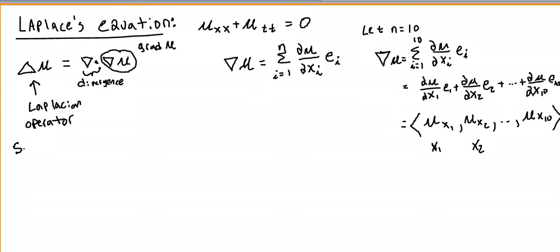So suppose I want to derive this equation right here. I want to derive that. So suppose we want to find the Laplacian operator acting on a function u of x, y.